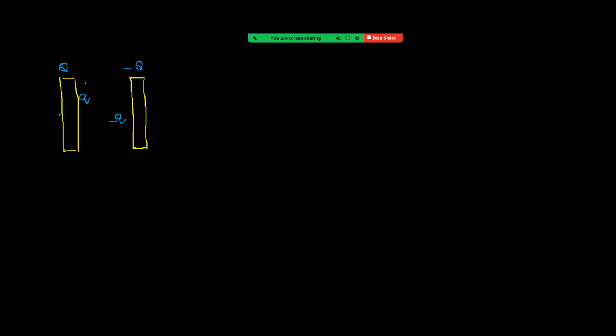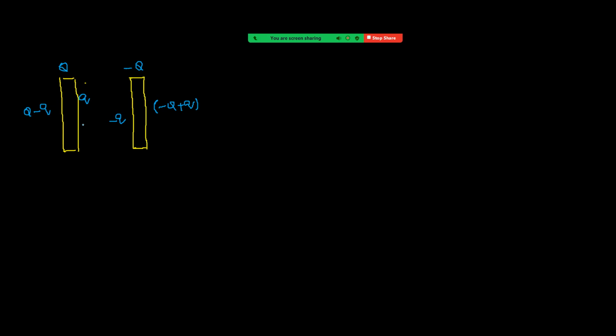If this is q, since the total value is capital Q, the remaining must be Q minus q. And coming to here, it is minus Q plus q. So the sum of these two equals minus Q. Here, the sum of these two equals Q.